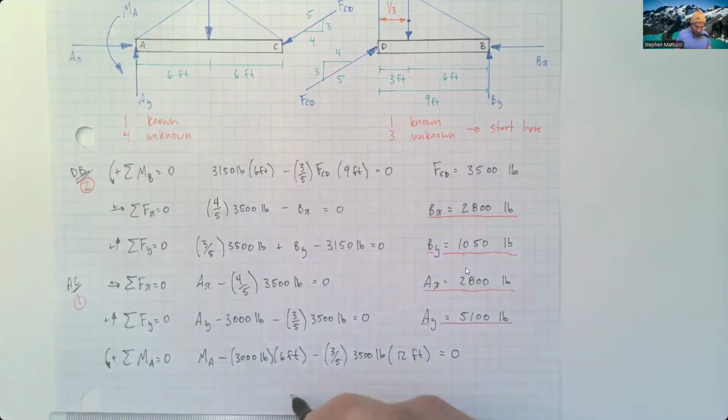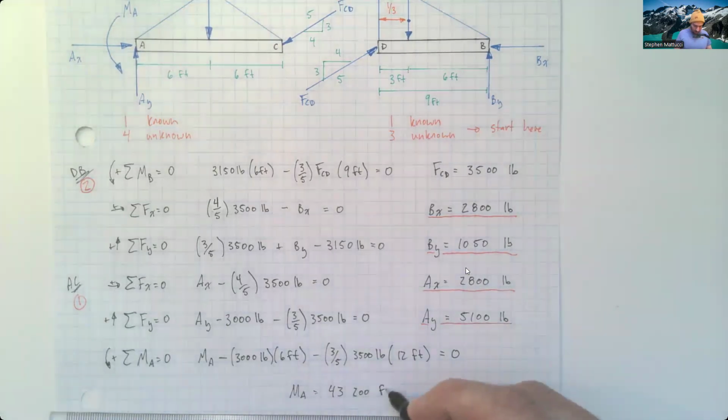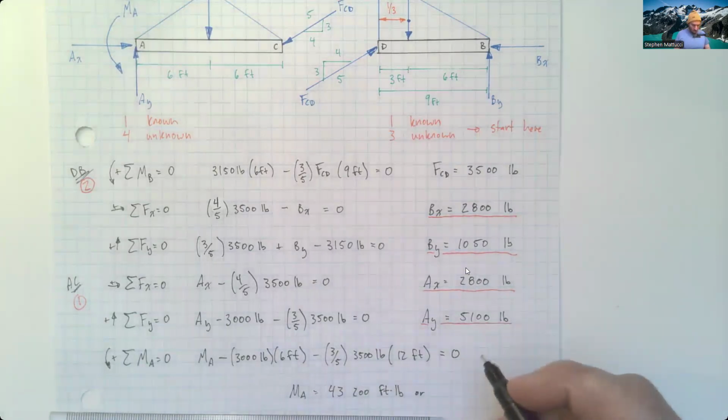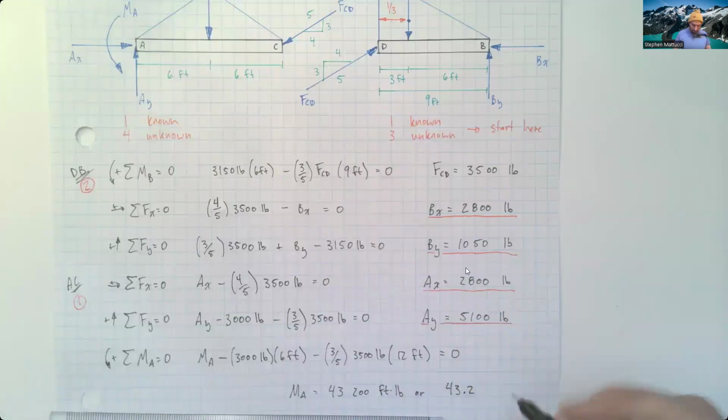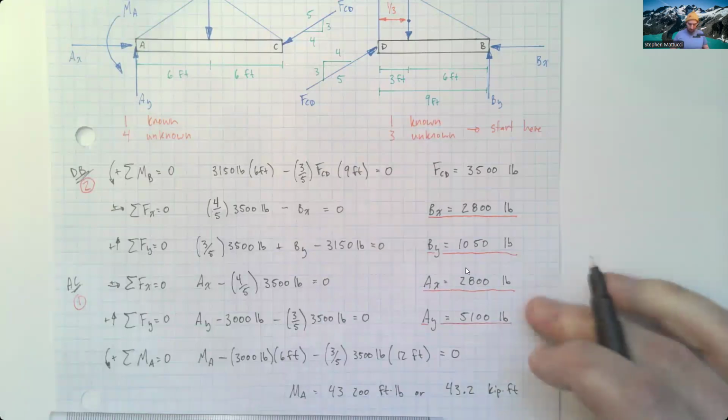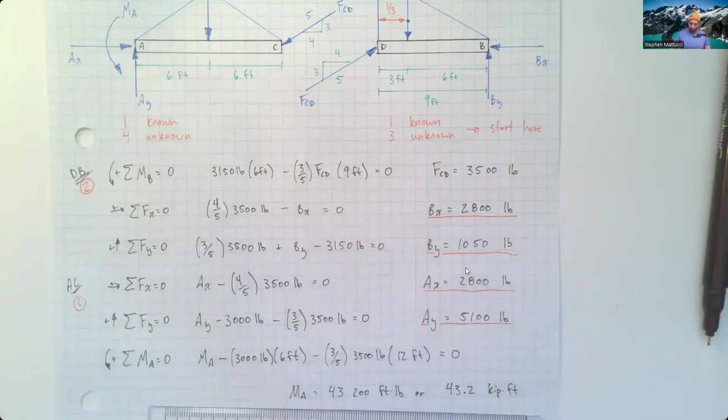We can solve this out. Moment A is equal to 43,200 foot-pounds, or 43.2 kilopound feet.